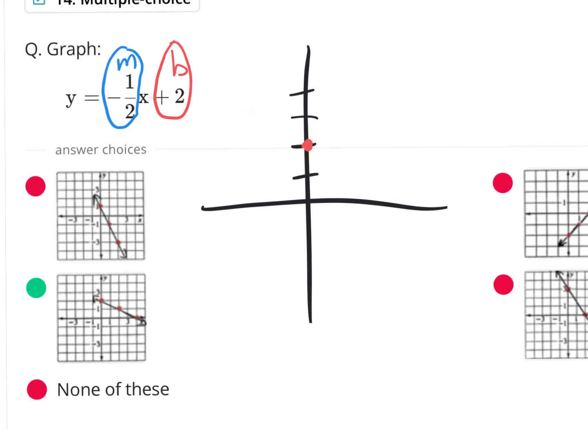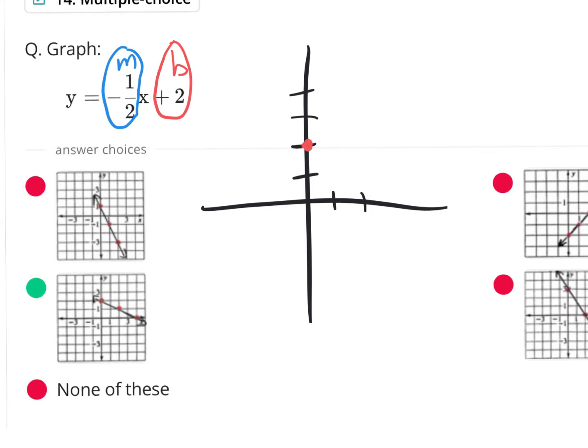It's going to intercept the y-axis at that point, but you don't know if it's really steep going up, or maybe just kind of steep going up, or maybe kind of steep going down, or maybe really steep going down. But you tell the steepness by your slope. So you're going to go down 1 over 2, down 1 over 1, 2. Let me write those units right there, 1, 2.